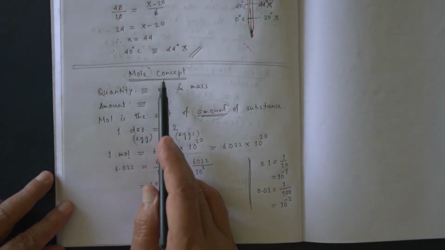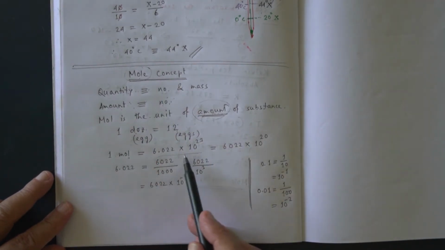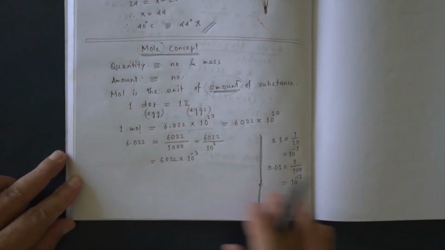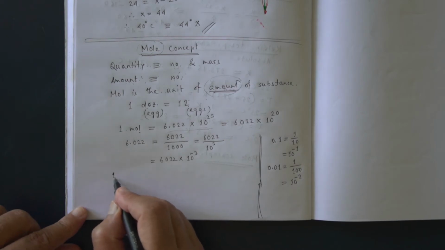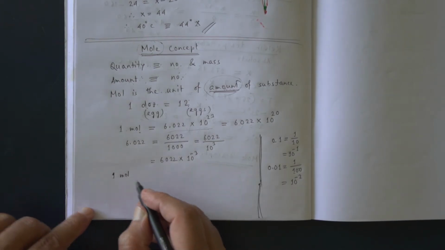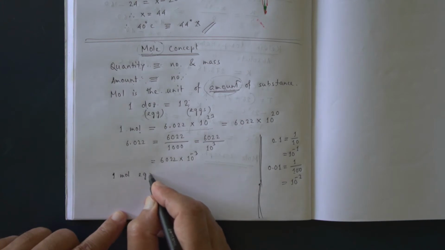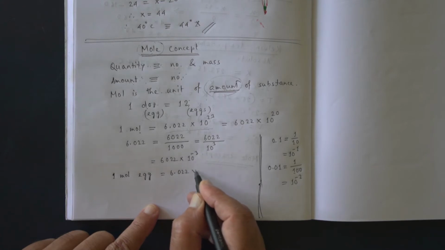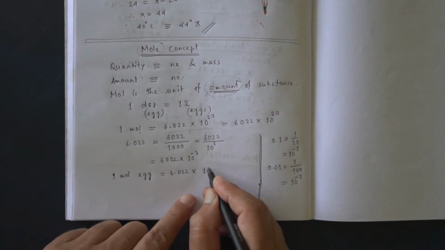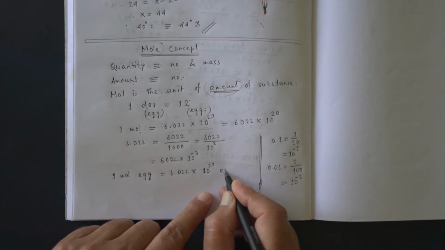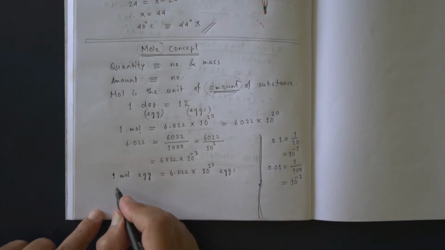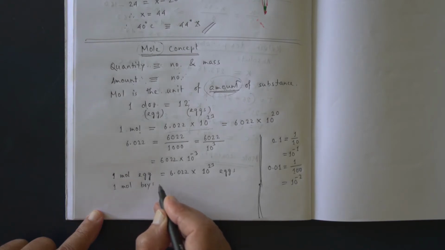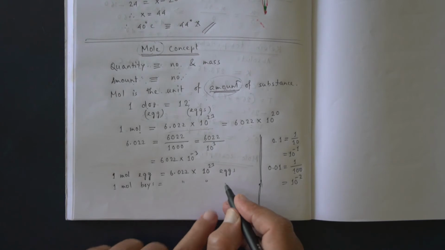So this is mole. 1 mole means this much. Now say you take 1 mole egg, that means 6.022 into 10 to the power 23 eggs. Say 1 mole boys, this much boys.